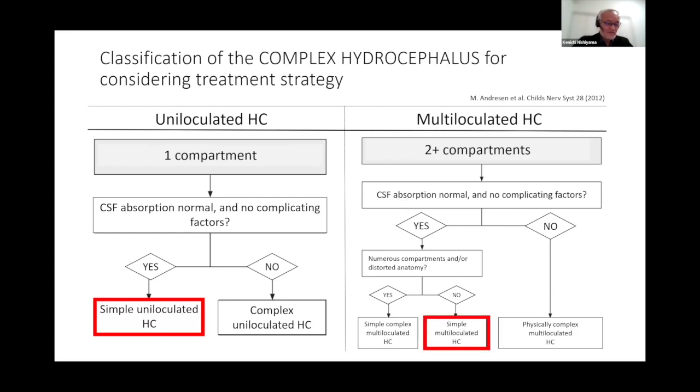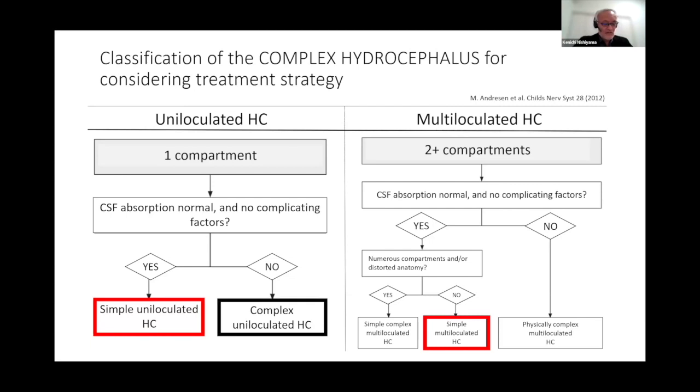Similarly, simple multilocated hydrocephalus, with normal CSF absorption and no numerous compartments or distorted anatomy, should also be handled by endoscopic CSF diversion and neuronavigation-assisted cyst fenestration. Thus, simple hydrocephalus is manageable with the endoscope, and in case of shunt malfunction, endoscopic CSF diversion should be indicated.